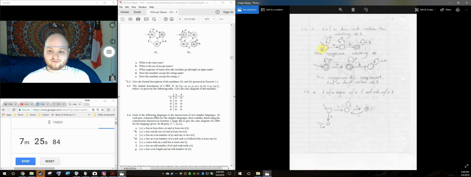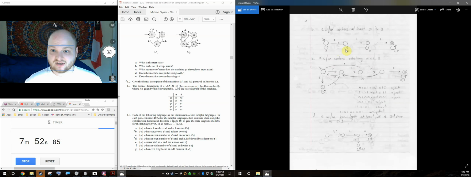How I started off this one was writing down one that recognizes ab, and then from there you just reverse each of the states, which is pretty intuitive. We learned that in our discrete structures class, how to do complements, and that made it a lot easier. You just switch the accept states.